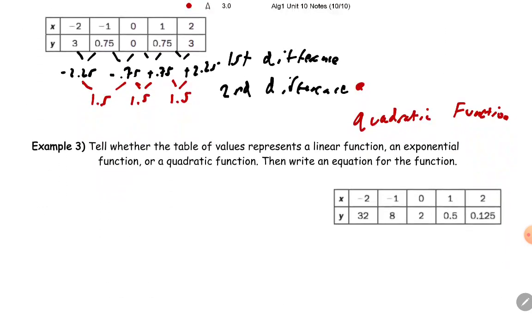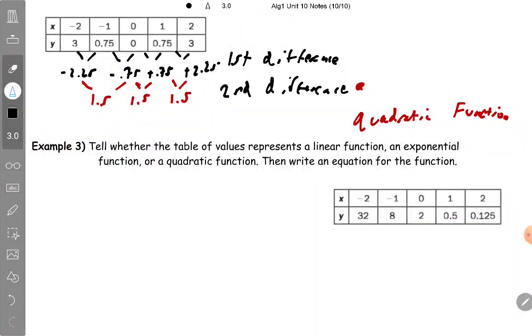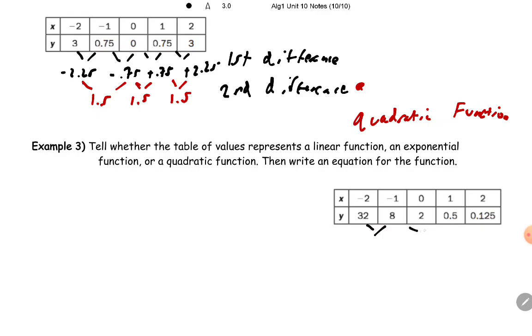All right, example 3. Tell whether the table of values represents a linear function, an exponential function, or a quadratic function. All right, here we go. Well, we can easily tell right off the bat that the differences are not the same. If we look at them, 32 minus 8 is 24, 8 minus 2 is 6. Those don't match, it's not going to work. And it doesn't look symmetrical.